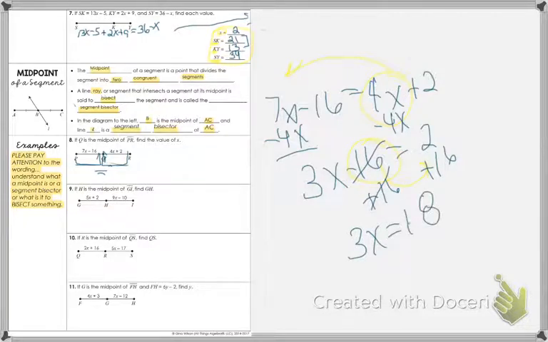Notice why I told you that algebra is going to be everywhere in geometry. So if you do not get it, you need to practice or you need to see me for tutoring. Last step, division. x is equal to 6. Let's look at the question. All they're asking for is the value of x. So x equals 6.